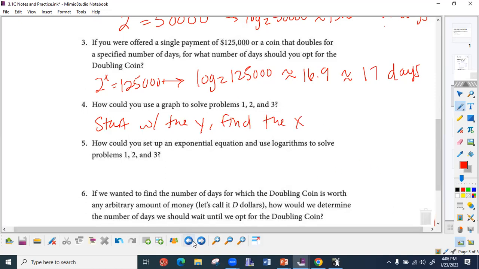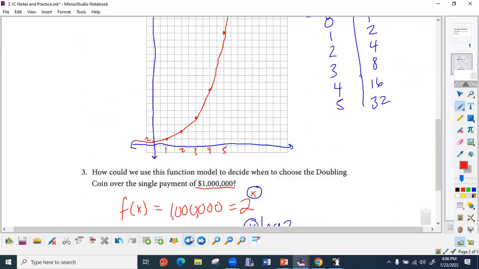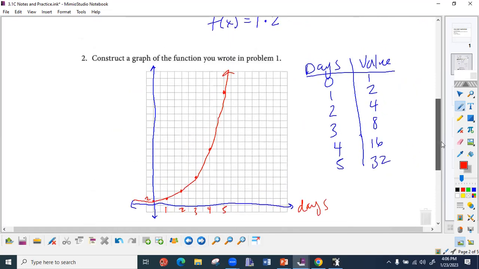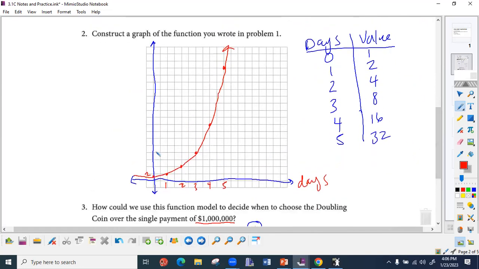So if you flip back over and let's say I wanted $10. Well, my x-axis represents my days. My y-axis, what did that represent? That represented my value. So I'm going to go 2, 4, 6, 8, 10. So here's 10 and I would follow it.